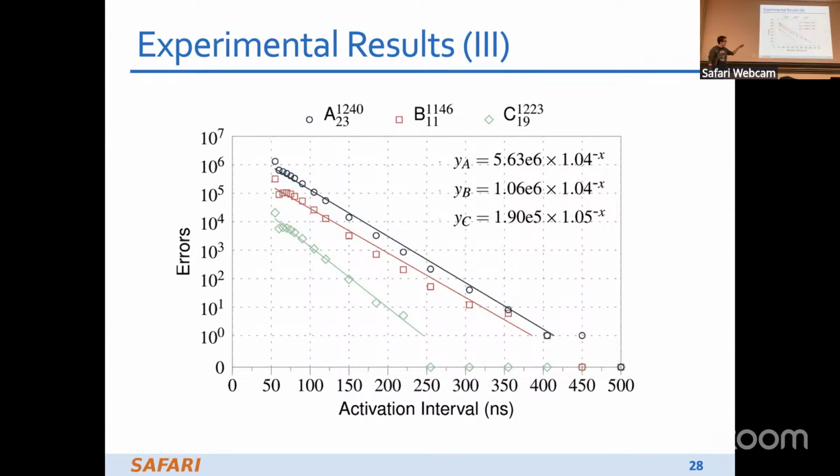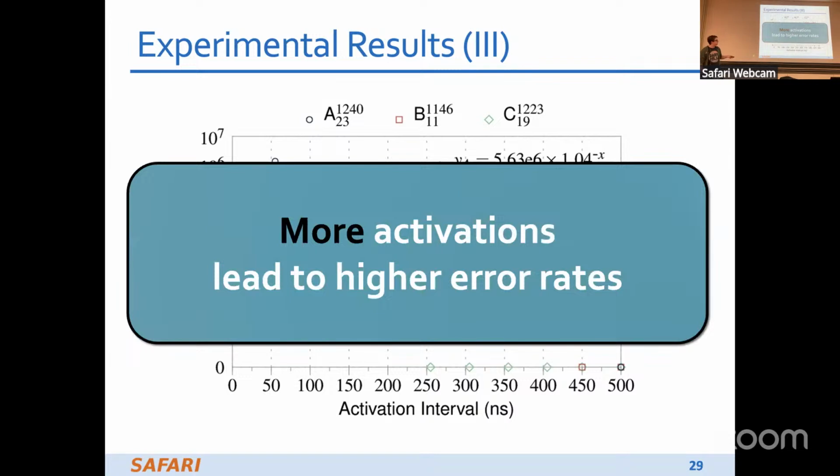But an activation interval of 55 nanoseconds is completely normally achievable by a user level program. So this again indicates that more activations lead to higher error rates, and the activations are still at a reasonable amount that could be done by anyone using this machine.